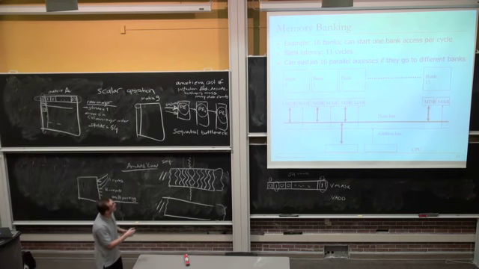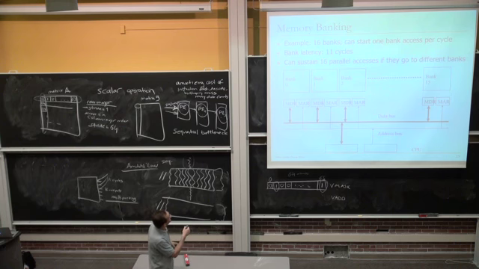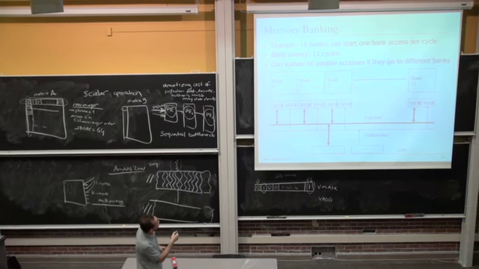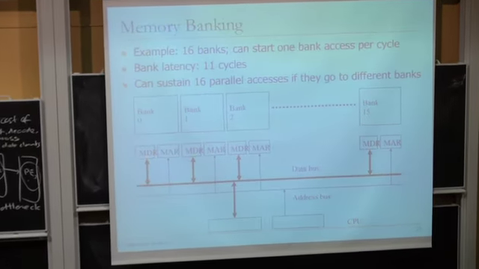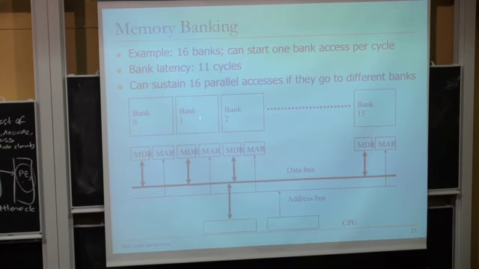So what Cray did was to bank the memory. Basically, you have different banks, and consecutive words are mapped to consecutive banks in memory. So the first word you can access from bank 0 and start that access in cycle 0. The next word, you can access from bank 1 and start that access independently, right?